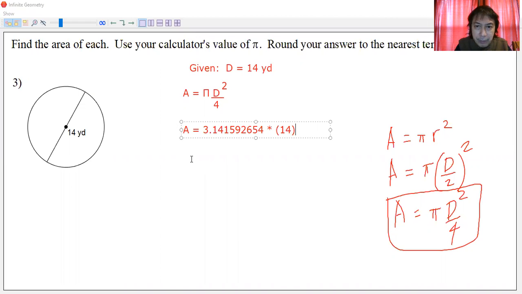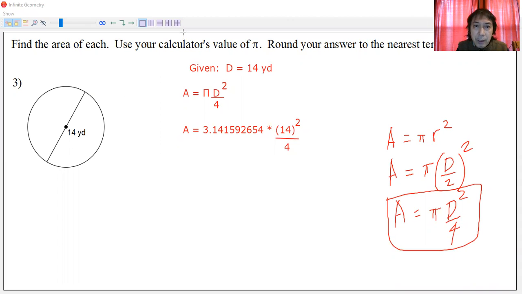Then this is to be divided by 4. So we have a 4 here like that. All you need to do is multiply these numbers and then divide it by 4.